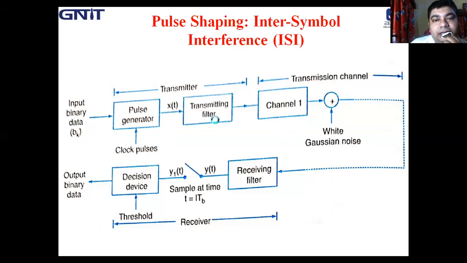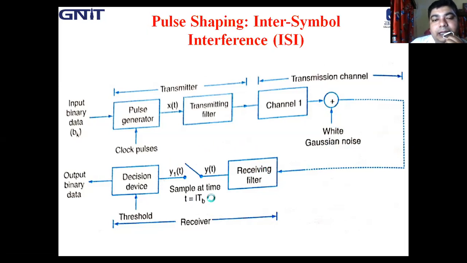Then it goes to the transmitting filter, and after that it goes to the channel, and in the channel some noise is added. We assume that the noise is white Gaussian noise, and it goes to the receiving filter.